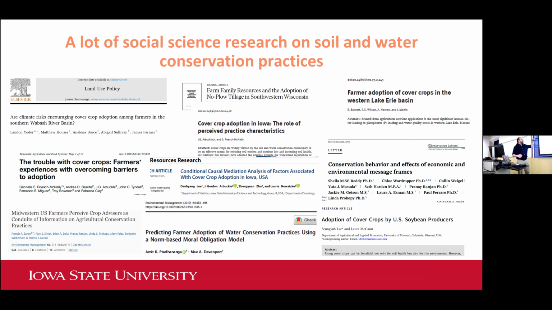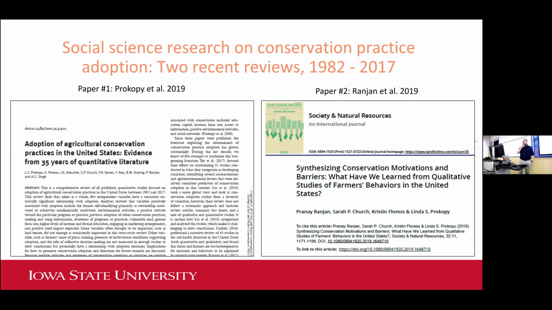This is a smattering of social science research that has been done, largely starting in the 80s and continued over the next 40 years, trying to figure out, like we did in the 40s, why are farmers making the decisions that they do, and how can we incentivize them to adopt these types of conservation practices that will help address these environmental issues?